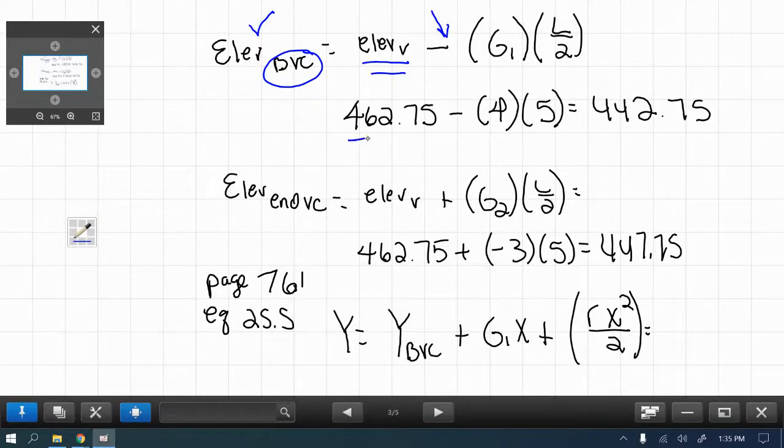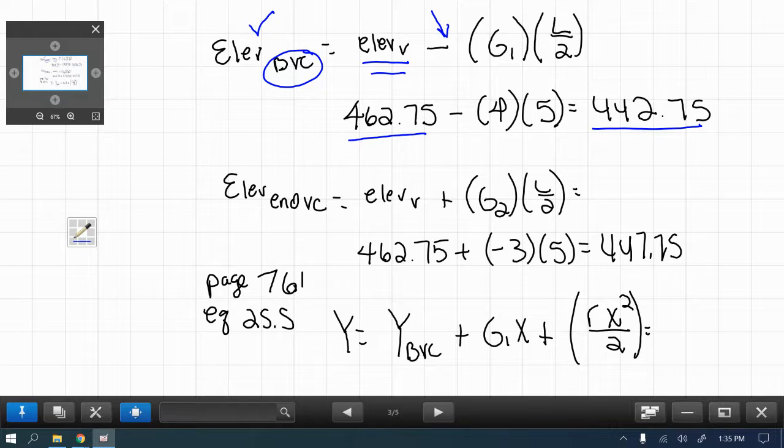So it'd be the 462.75 minus my G1, which is 4, times L over 2 in stations, which would be 5, equals 442.75.